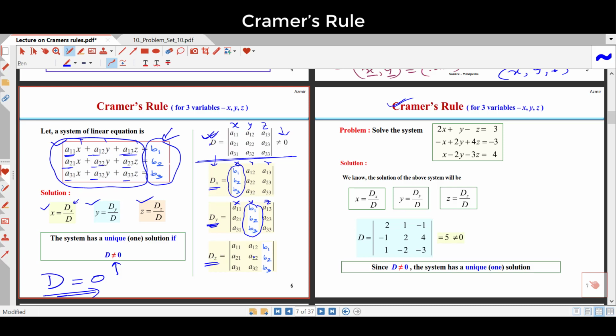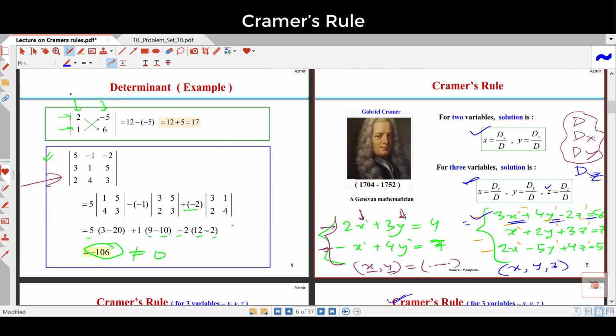Similarly, whenever you are finding D sub z, it is just the same as D, with the x, y, z columns, but in the last column, the z column, you have to input b1, b2, b3. Now all are determinants. You know how to find the determinant.